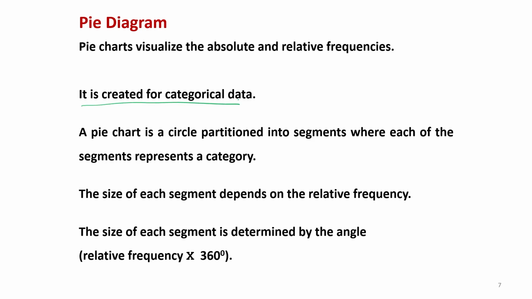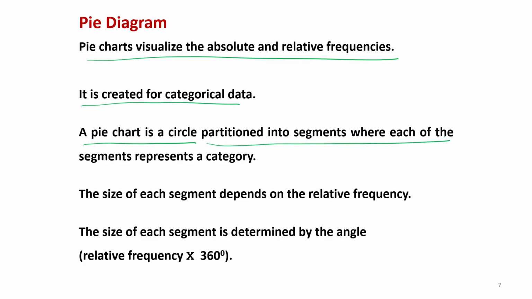So that means if you have an attribute variable or categorical variable, then the data is compiled in the form of a frequency table indicating the absolute or relative frequency, and these frequencies are represented in the pie chart. But instead of a bar, we are using a circle, and the circle is partitioned into segments, and every segment represents a category.